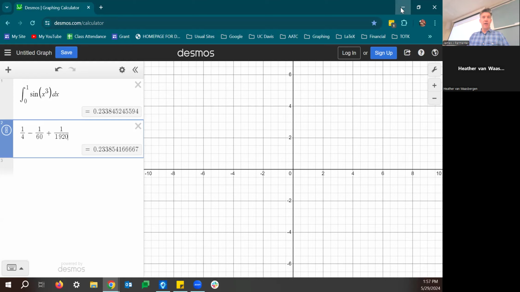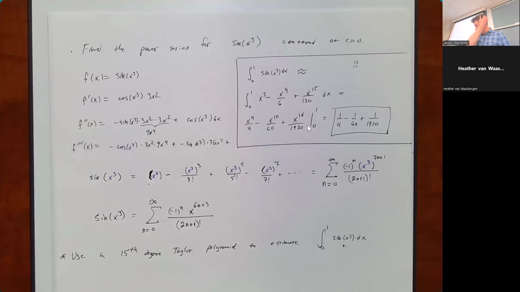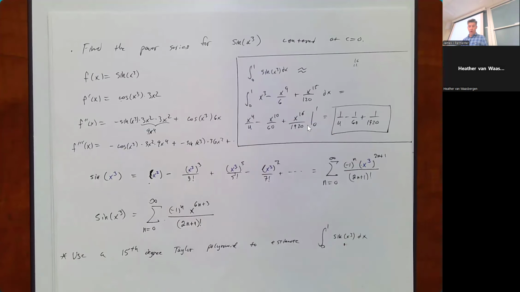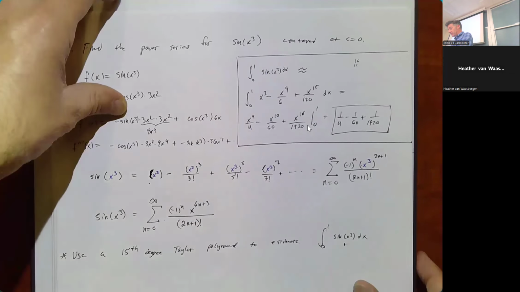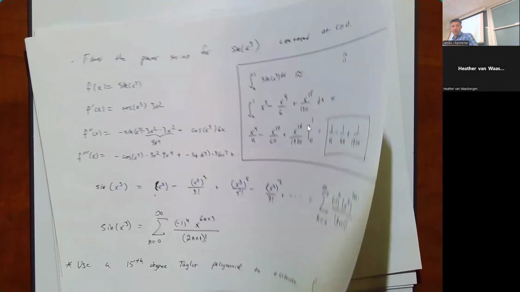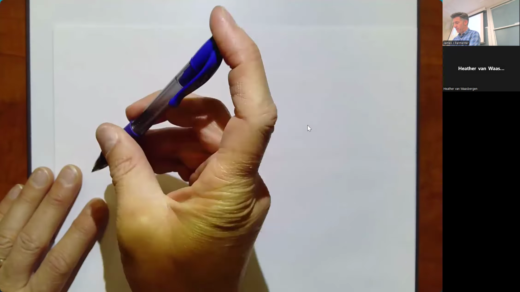And this idea of finding a power series using substitution, where you take a known power series and replace the things you have with the things you want, is very pervasive and we use it all the time. Another example is getting a Taylor series for e to the negative x squared, because that's a very important function in statistics.